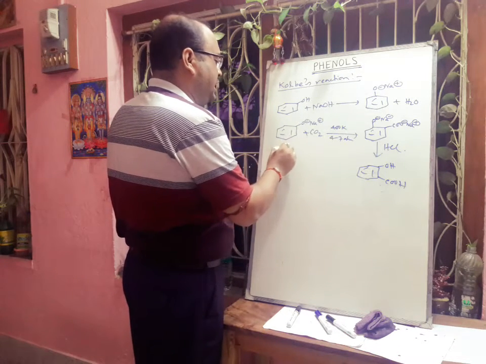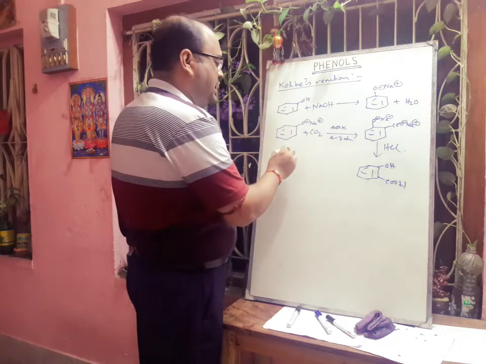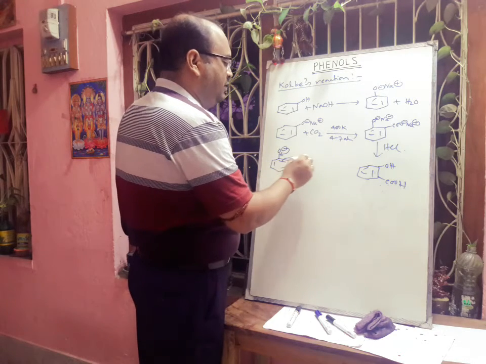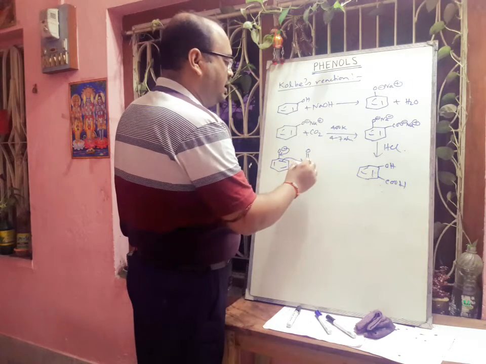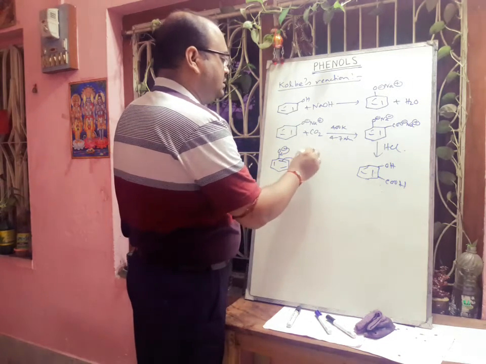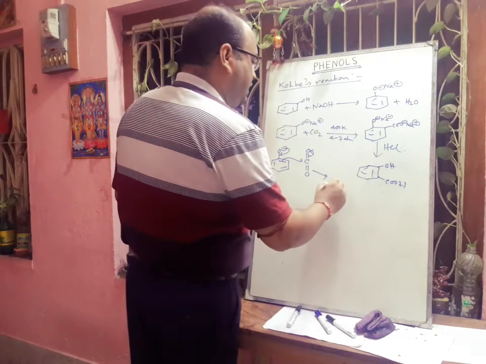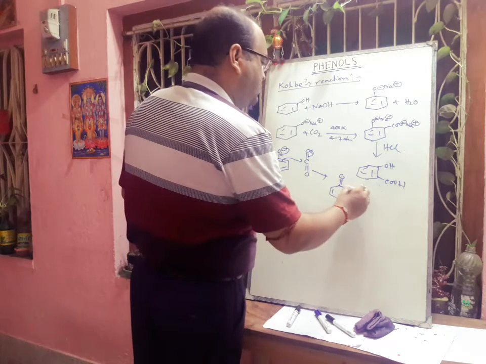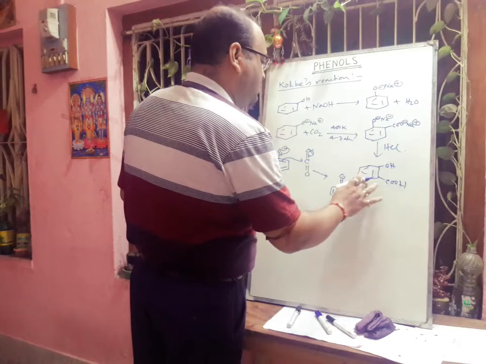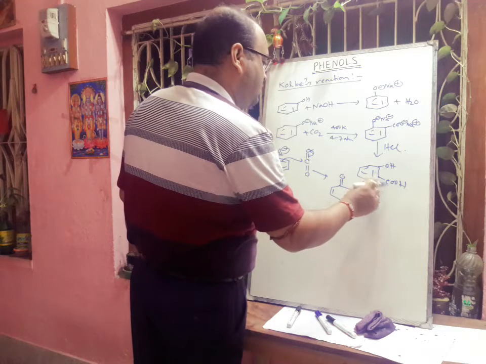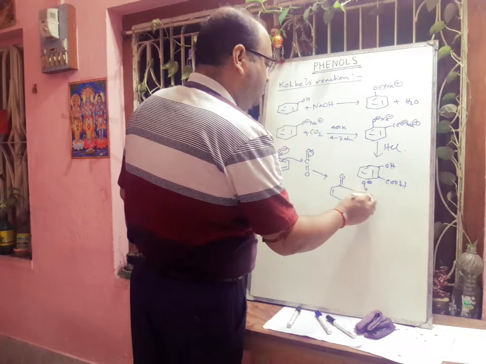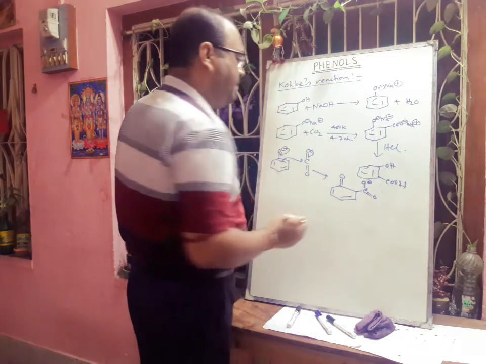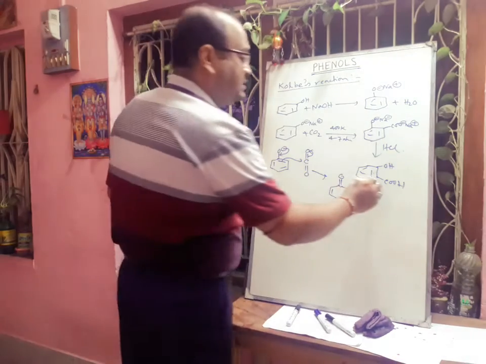So this is the phenoxide ion. This phenoxide ion is reacting with carbon dioxide gas, and we are getting C double bond O minus, plus Na plus.